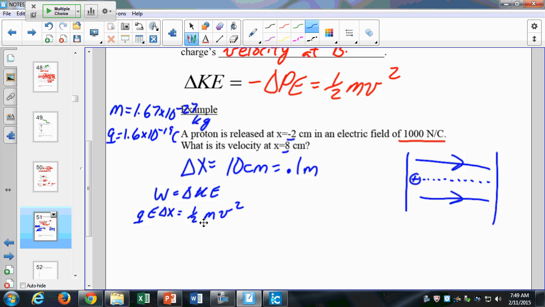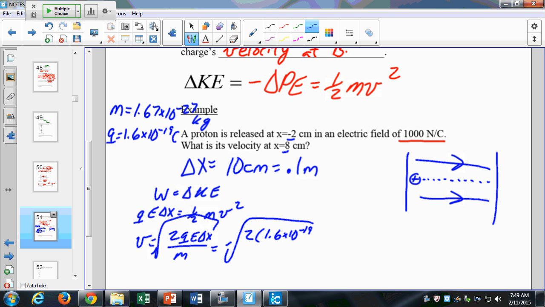Yeah, so here I have everything I need, so I'm solving for V. That's going to be the square root of 2QE delta X over M. That's 1.6 times 10 to the minus 19. E was 1,000 newtons per coulomb, and then 0.1, thank you, divided by our mass, which is 1.67 times 10 to the minus 27. And I get 140,000 meters per second.